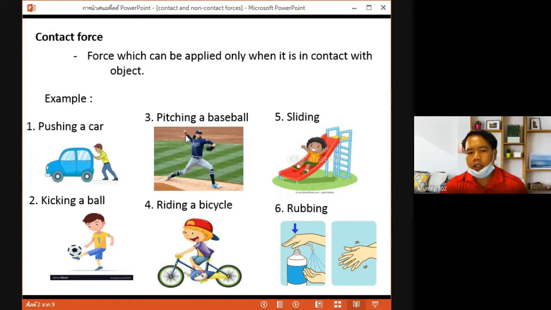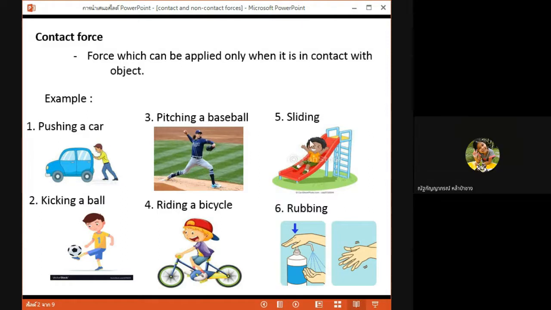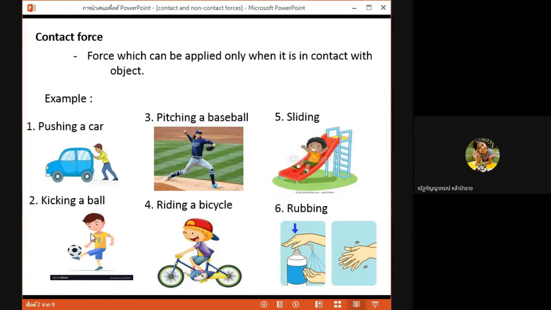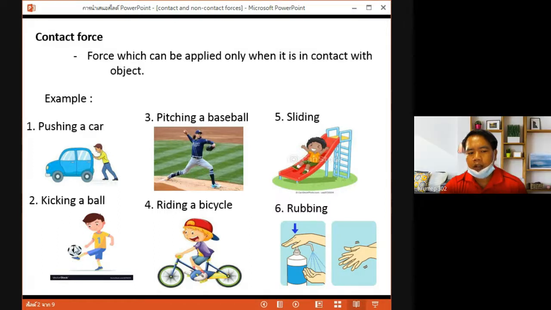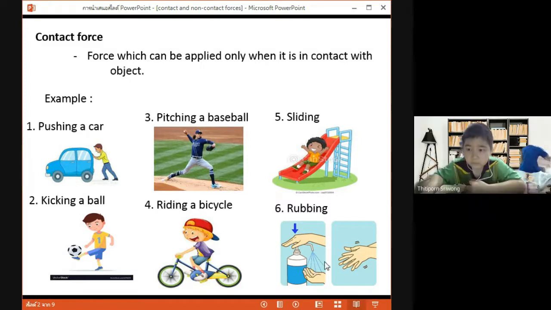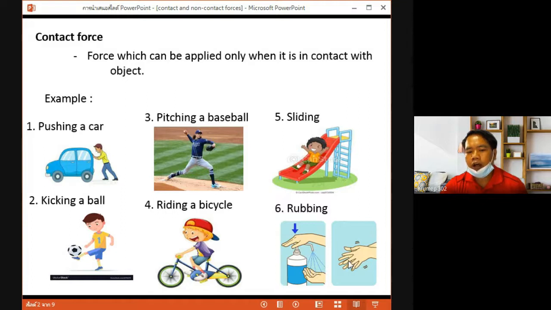This one is the baseball and the pitcher. This one, the boy and the slide. This one is the boy and the ball. This one is the boy and the bicycle. And this one is alcohol and your hands.